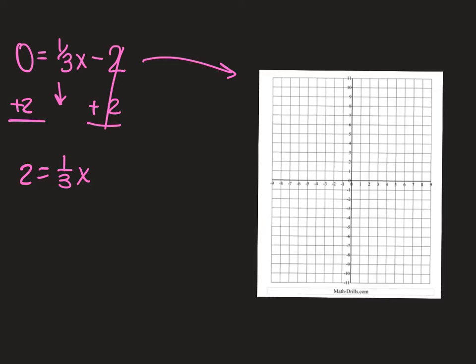Now I need to get rid of 1/3. I like to get rid of it by multiplying by 3/1. That way I can do it in one step. Come over here and multiply by 3/1. Well, nothing crosses out on the left, but I end up with a 6. x equals 6. So I just found the answer. Yay, it's a 6. We need to now prove it over here with the picture because this was last chapter.